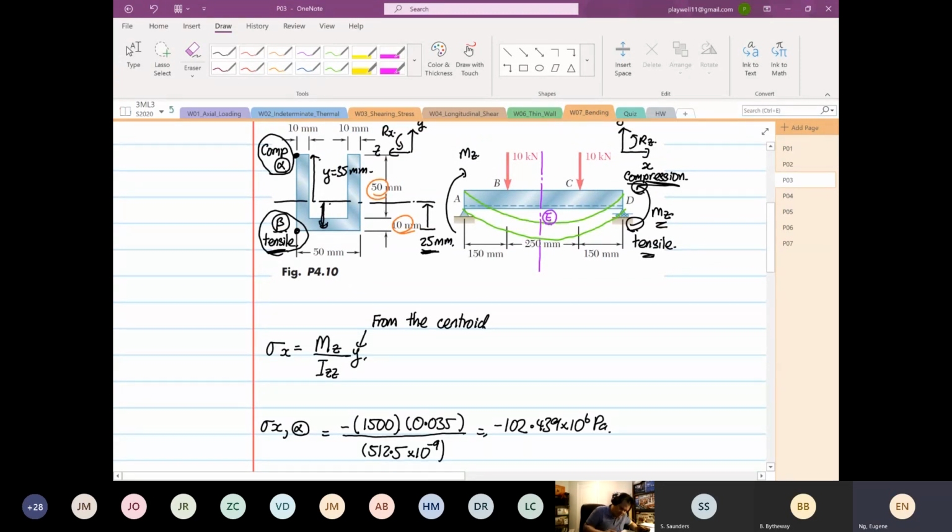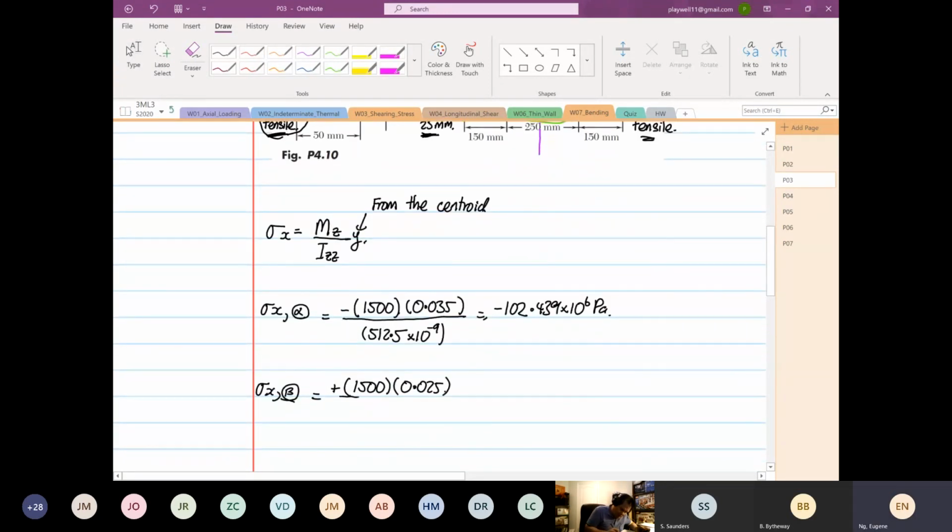Divide by 512.5 times 10 to the power minus 9. So 1500 times 0.025 divided by 512.5 times 10 to the power minus 9 gives positive 73.171 times 10 to the power 6 Pascal.